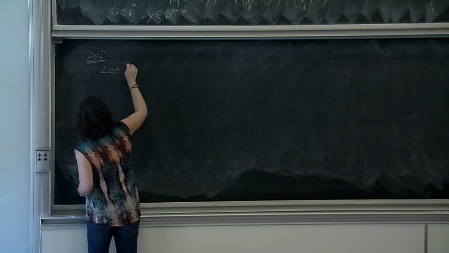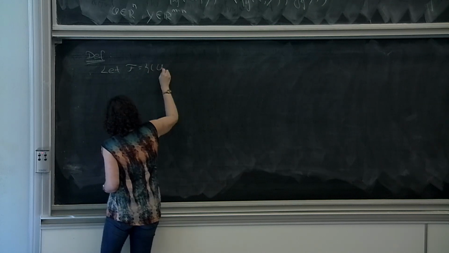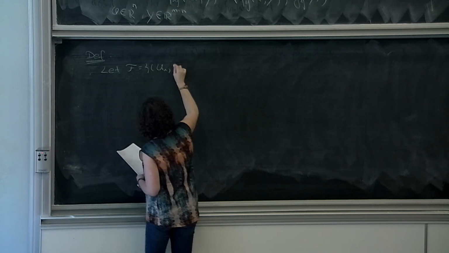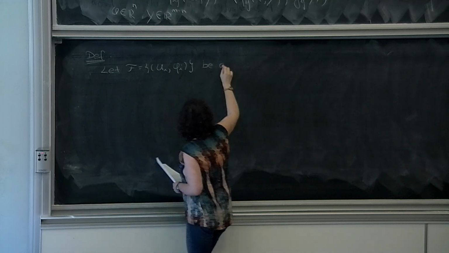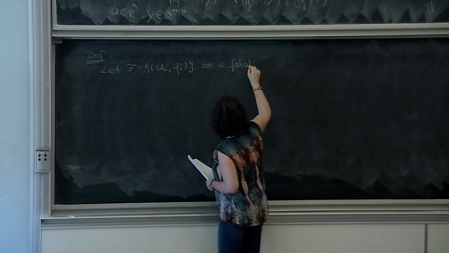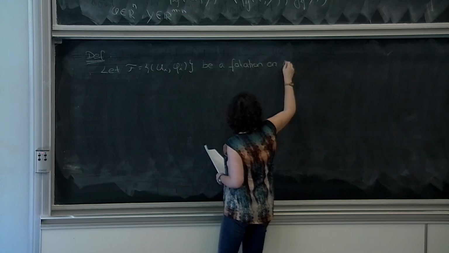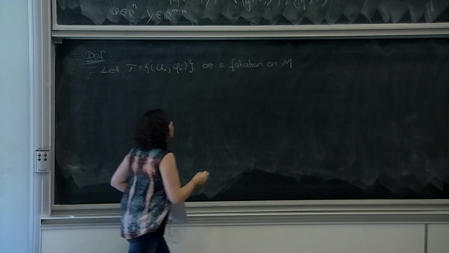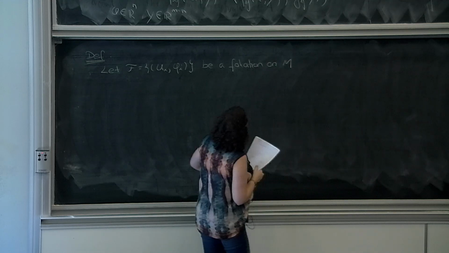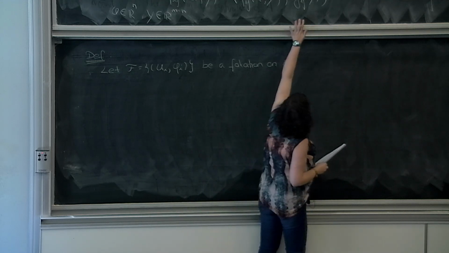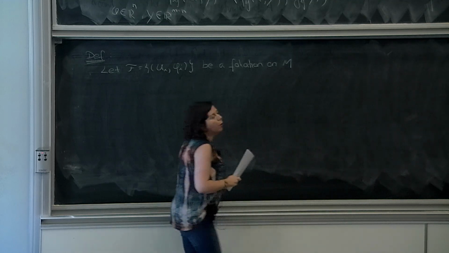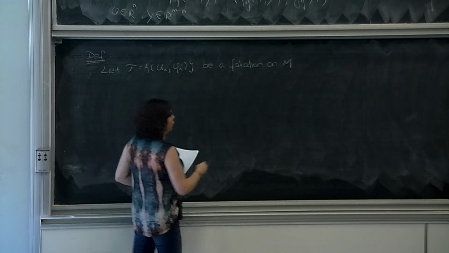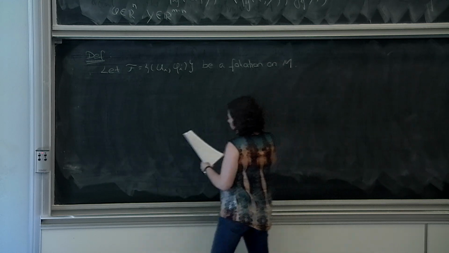Let us consider a foliation. A plaque is nothing but the preimage of these components y equal to constant on each chart.